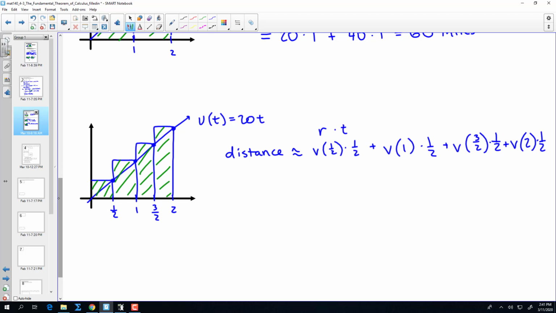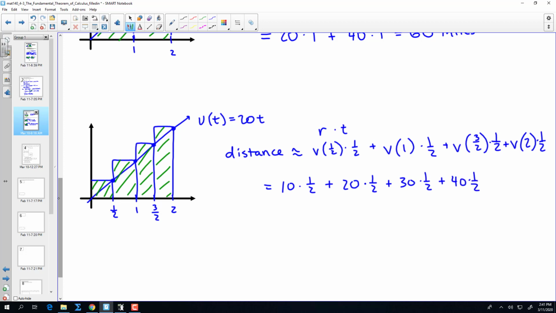When we calculate, let's see what we come up with. So the velocity at 1/2 hour would be 20 times a half, which is 10, but that's still times a half, plus 20 times a half, plus 3/2 times 20 would be 60 over 2, which would be 30 times a half, plus 40 times a half.